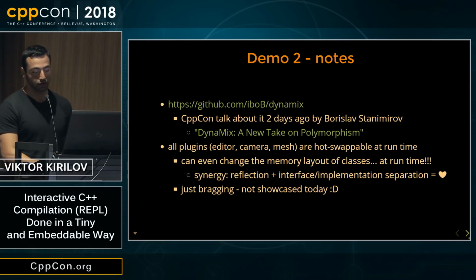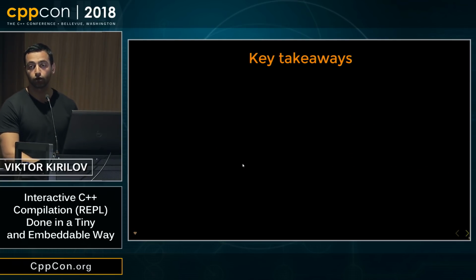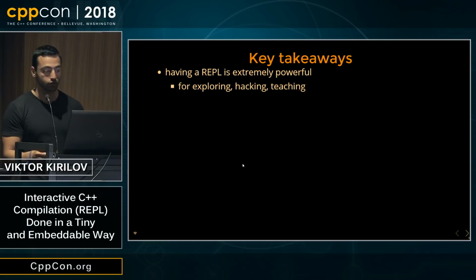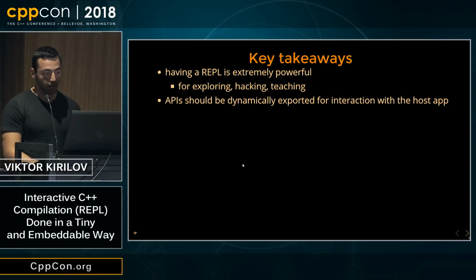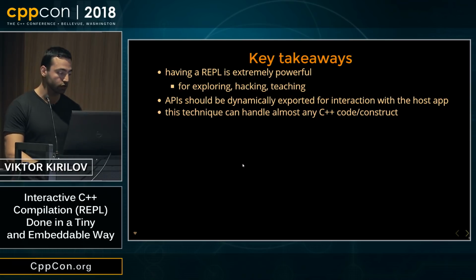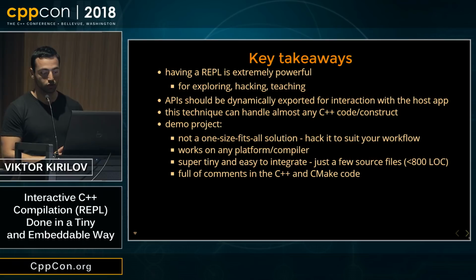The key takeaways about having a REPL is that it's extremely powerful if your application allows for it. And also, the APIs should be dynamically exported to use this technique. Also, it can handle almost any C++ code or construct. The demo project doesn't try to be a one-size-fits-all solution. You should hack it to fit your workflow. It also currently works on any platform and compiler.